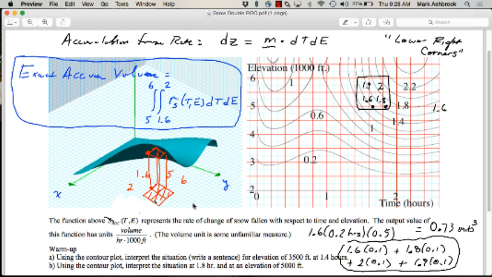Because things are turned in R3, for this first little rectangle right there, that's the lower right corner. Do you see that? Because you'd be looking at it from this way in the xy plane. So lower would be this way, right would be this way. So there's your lower right corner for that tile right there.